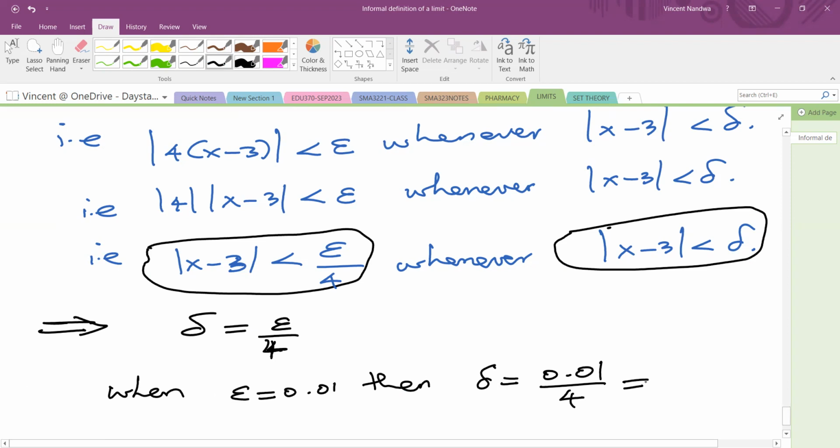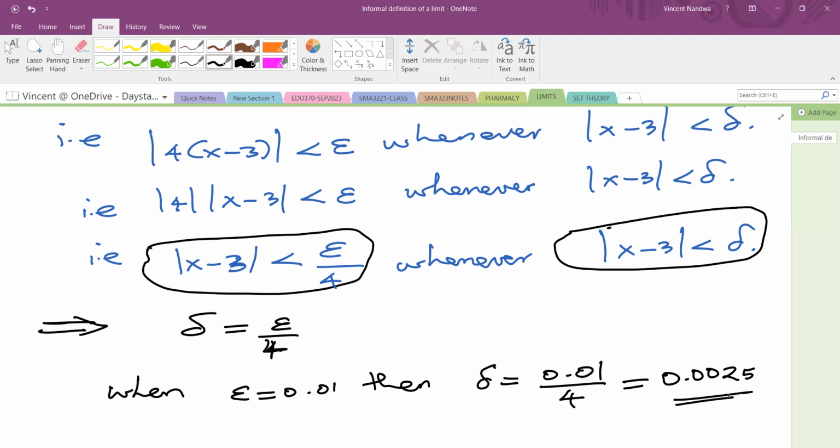So 0.01 divided by 4, you get 0.0025. So for this particular problem, when epsilon is 0.01, delta must be 0.0025.